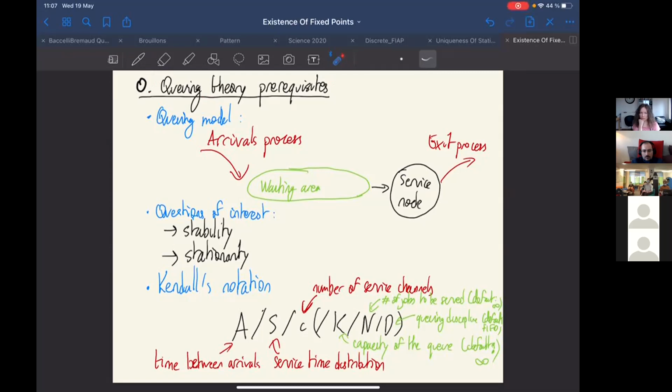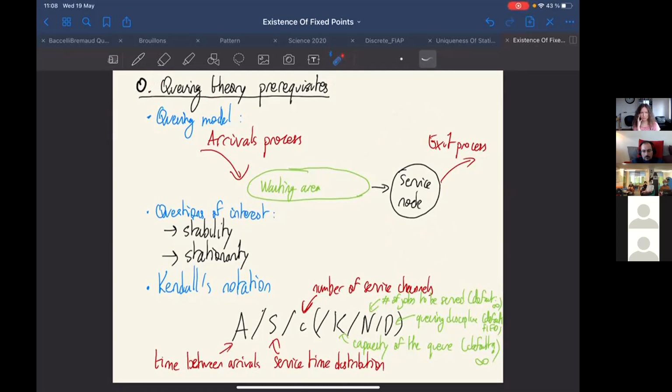The second letter will refer to the service time distribution, so the actual processing of the customers. The third letter refers to the number of service channels, because here in this picture you have one node, but you could have many nodes in parallel servicing customers. So in the picture above, C is equal to 1.